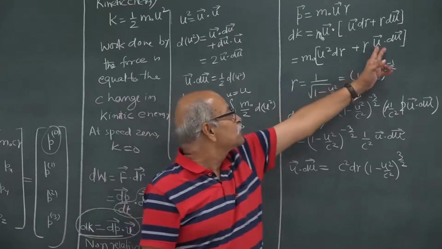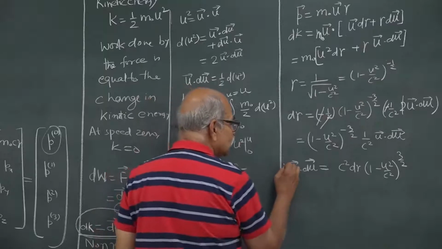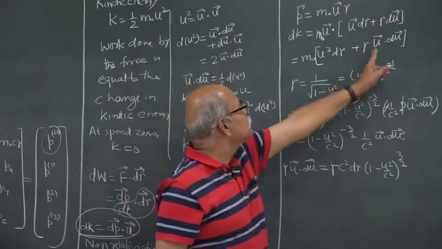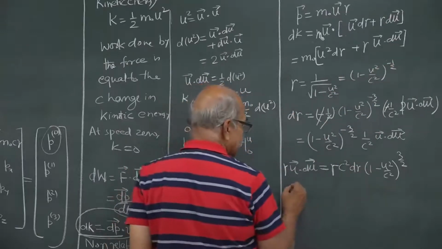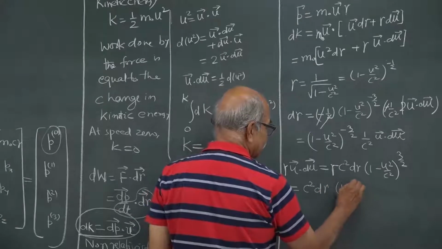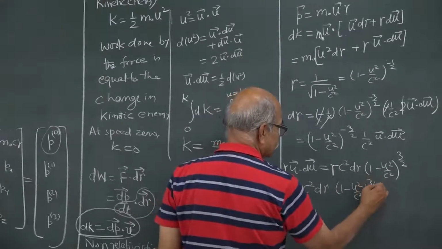So that I am going to put here, or let me multiply by gamma also. So what is gamma times u dot du? It is this, right? Gamma times u dot du is c square d gamma times (1 minus u square by c square) power 3 by 2, right?